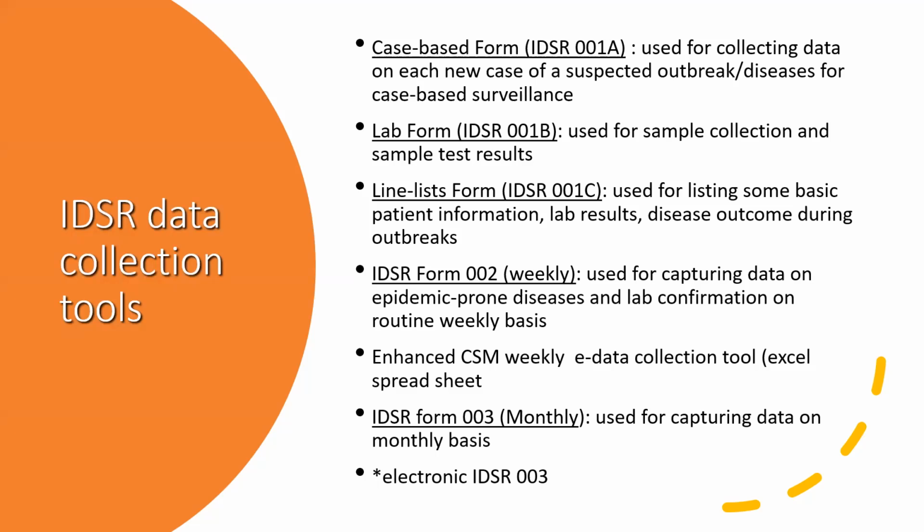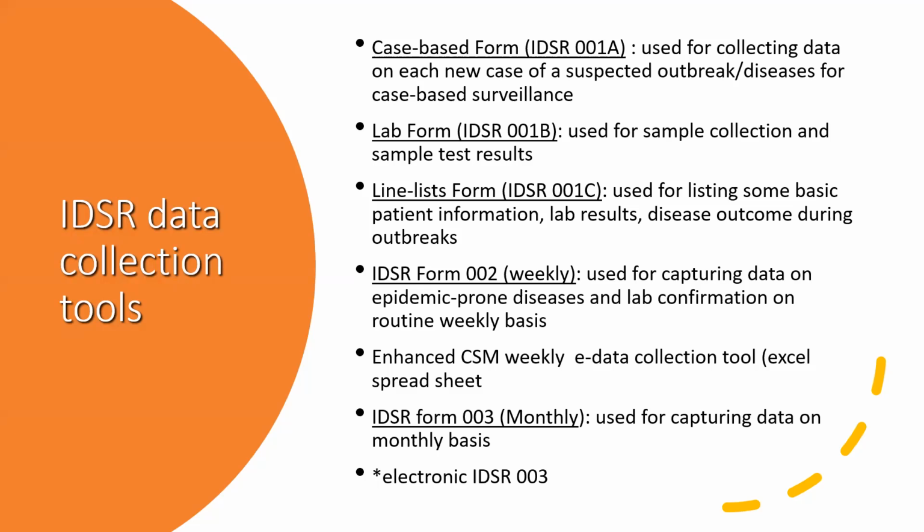So for example, 001A will be used to collect information from a suspected case of Lassa fever, or from a suspected case of monkeypox, or a suspected case of measles. One case, we will fill the information about that particular person who has that disease and the kind of disease the person has in that form.